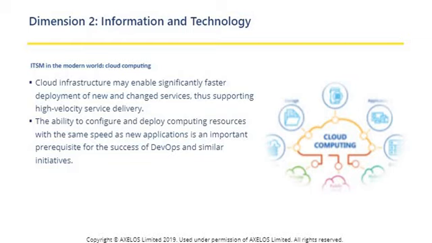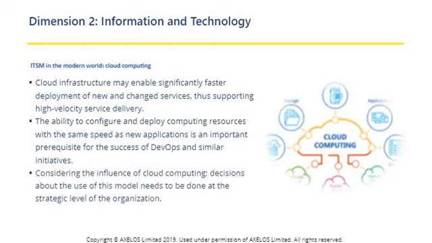This supports modern organizations in their need for faster time to market and digitalization of services. Considering the influence of cloud computing, decisions about the use of this model need to be made at the strategic level of the organization.